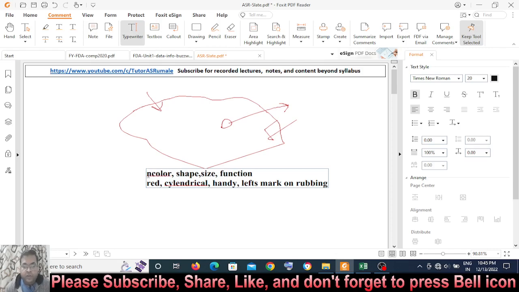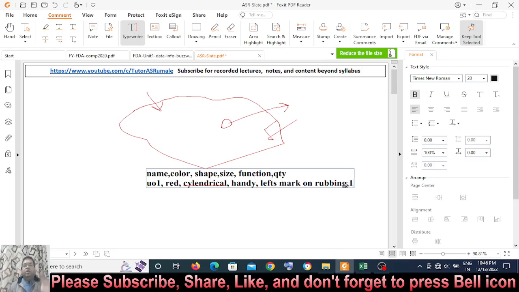The name is your unknown object, let's say unknown object stands for UO1. After that you are saying quantity, QT1, quantity 1. So you are having unknown object 1, color red, cylindrical, handy, left mark on rubbing, and quantity is 1.